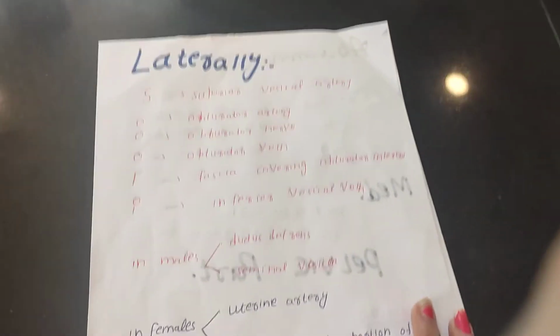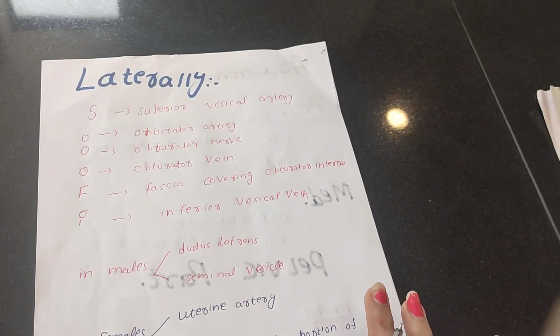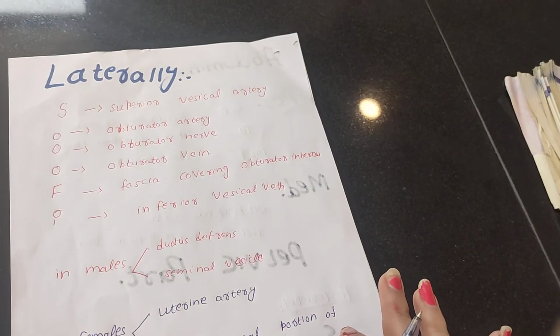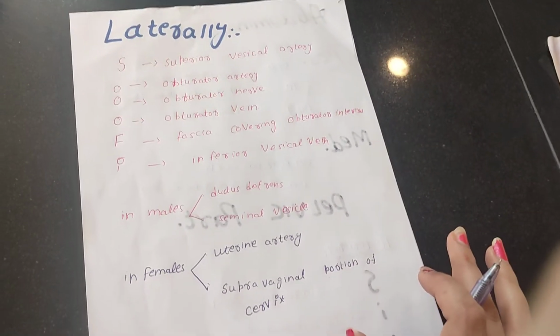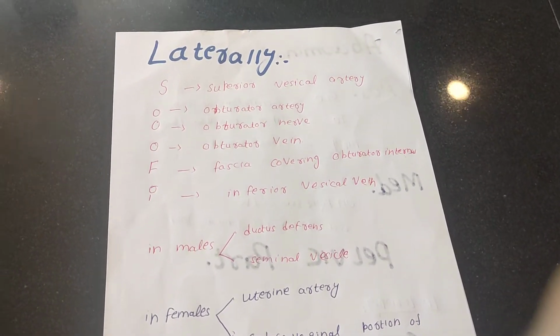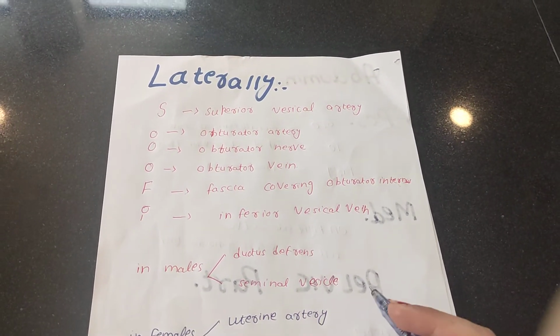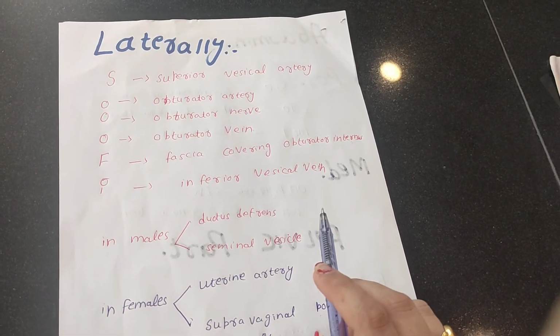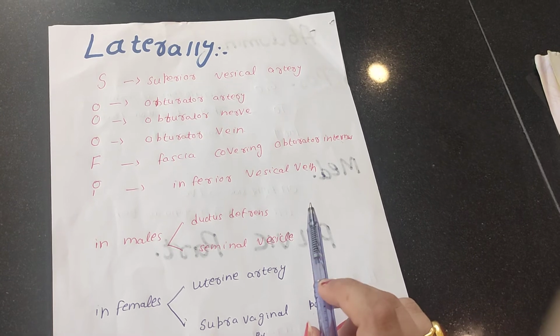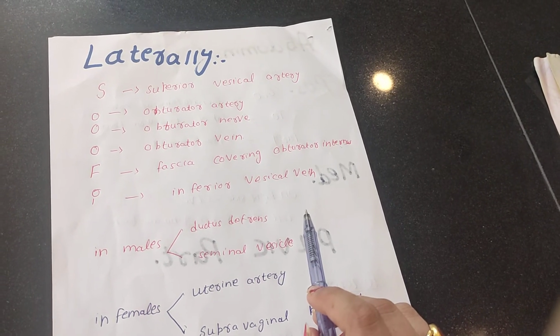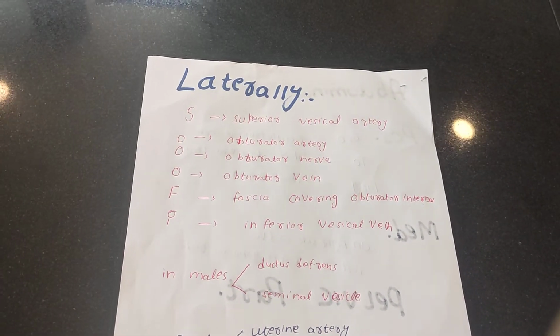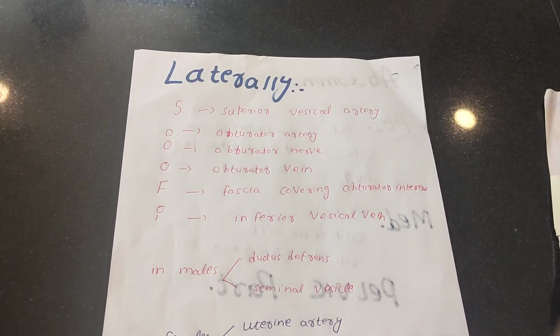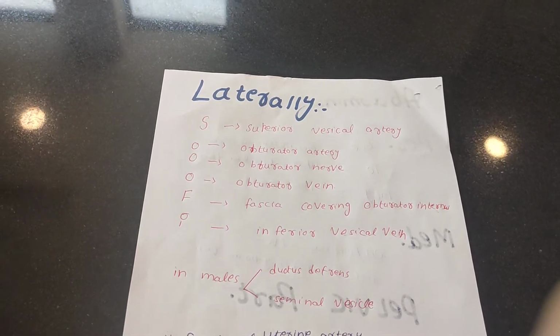After that comes the blood supply. The blood supply of the ureter is divided into three parts, because some part is abdominal and some part is pelvic. In the abdominal part, the upper ureter gets its blood supply from the renal artery, while the middle part gets its blood supply from the aorta, while the lower part of the ureter gets its blood supply from the pelvis.